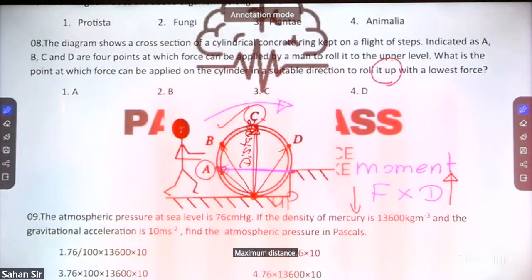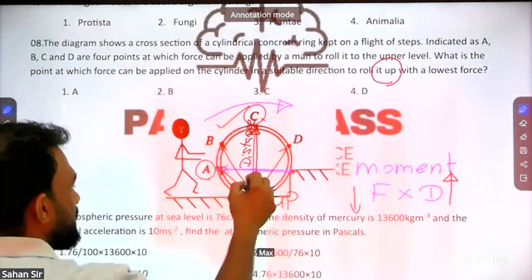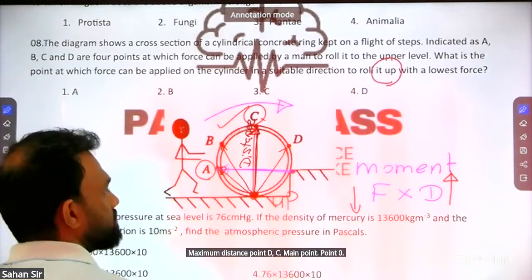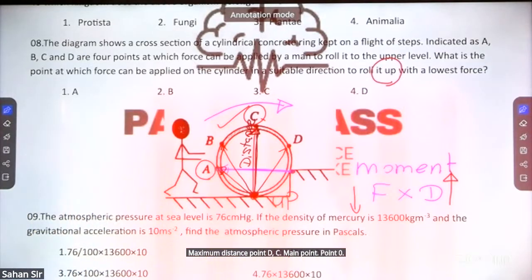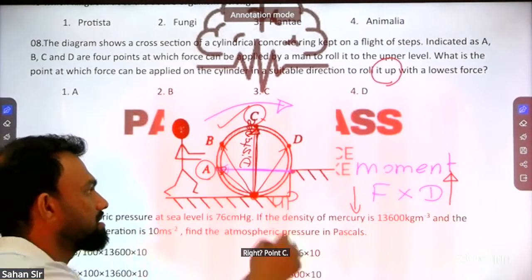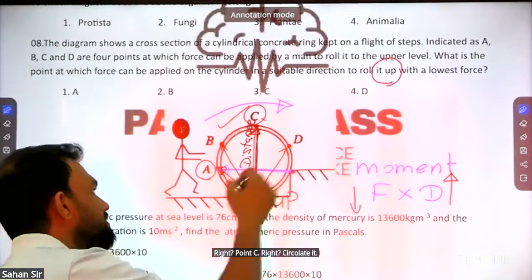Point C. No. Maximum distance point D, C. Point C, no. Right? Point C. Right?